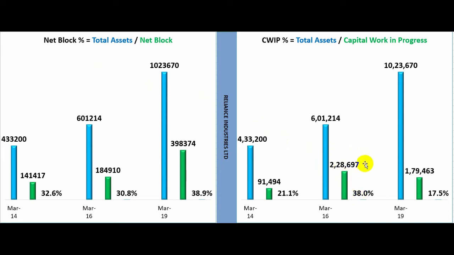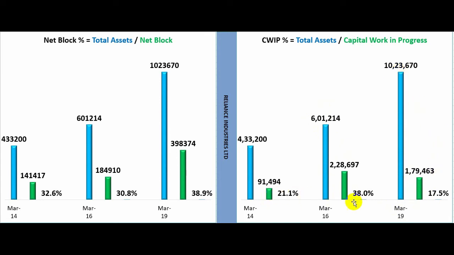Maybe the company was doing capital expenditure, because of which its capital work in progress ballooned up to 2,28,000 crores against the total assets of 6,01,000 crores. That's 38%. In March 19 the capital work in progress was around 1,79,000 crores, whereas the total assets increased to 10,23,000 crores.